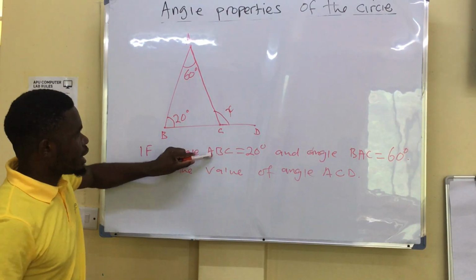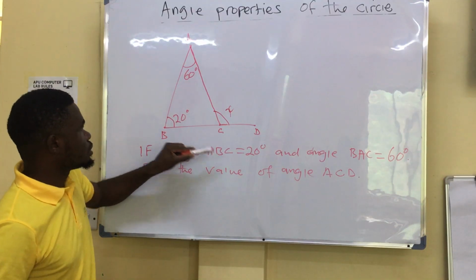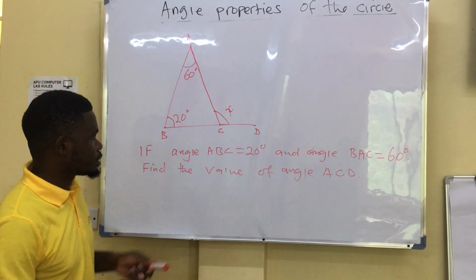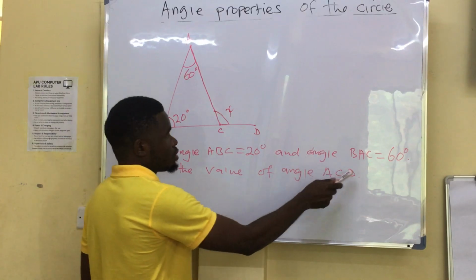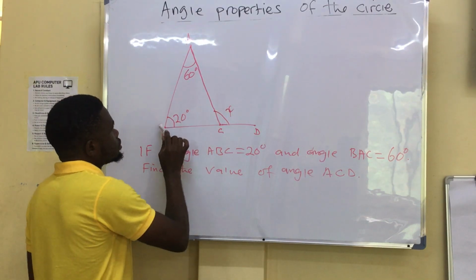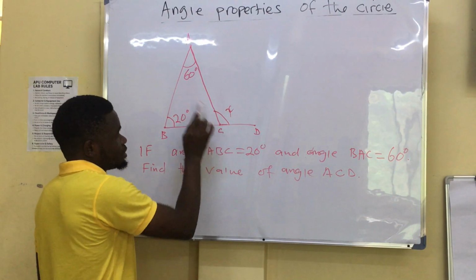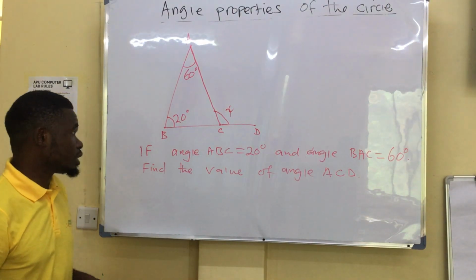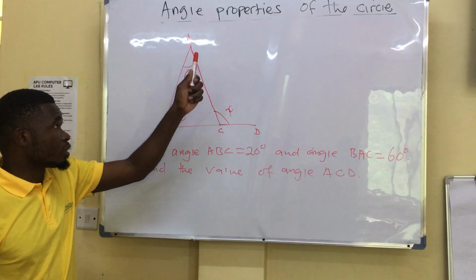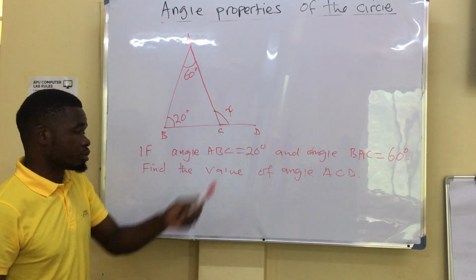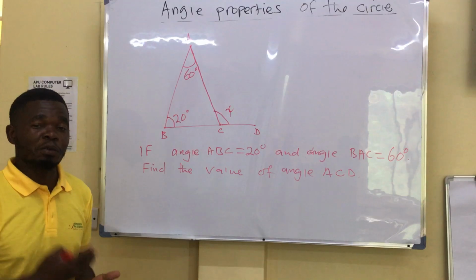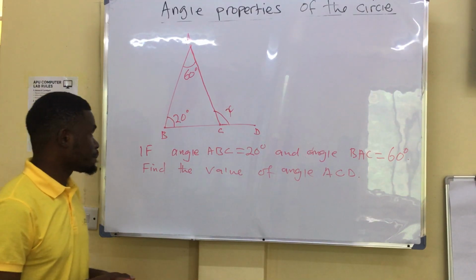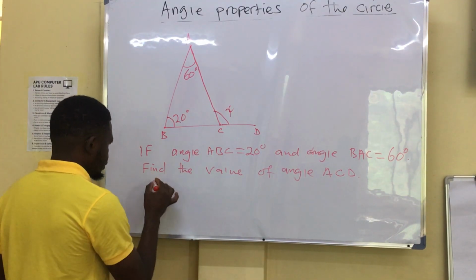If angle ABC is equal to 20 degrees, right? And angle BAC, which is this one, is equal to 60 degrees. Let's find the value of angle ACB, which is this one, right? Remember, we use that theory. Don't worry, it's fine. So, solution.